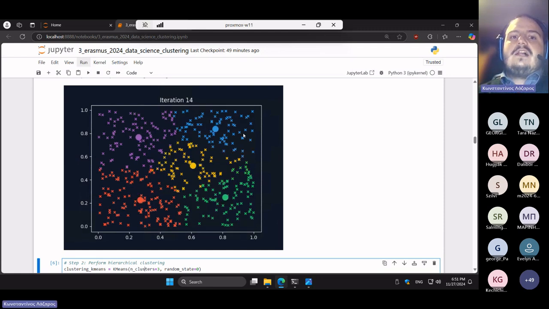And the algorithm terminates when, even though you've updated the centroids' coordinates, nothing changes in terms of samples, which means the same samples belong to the same clusters. Nothing has moved from one cluster to the other.